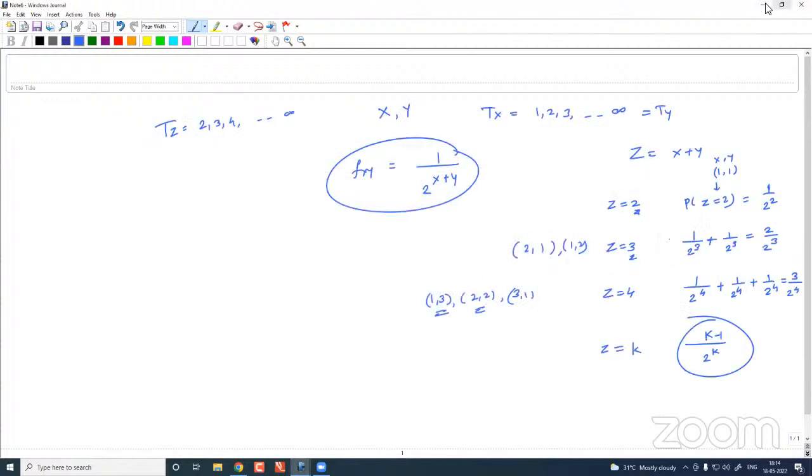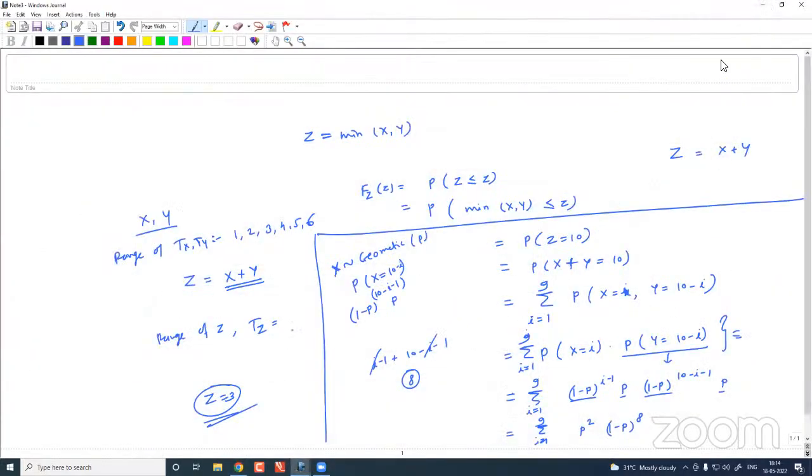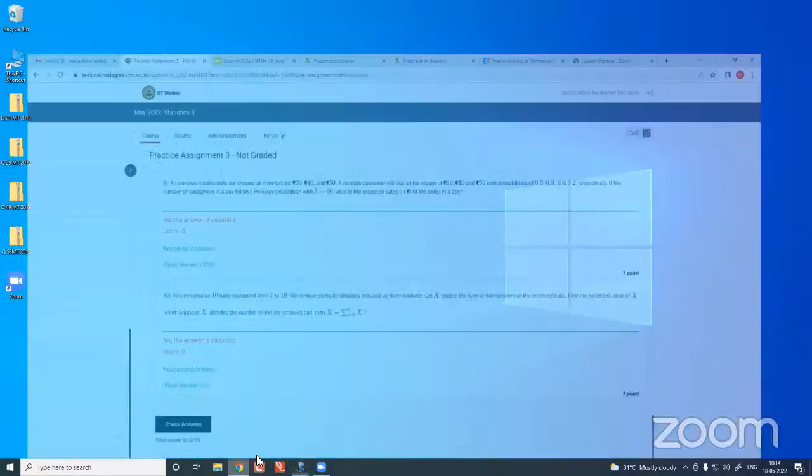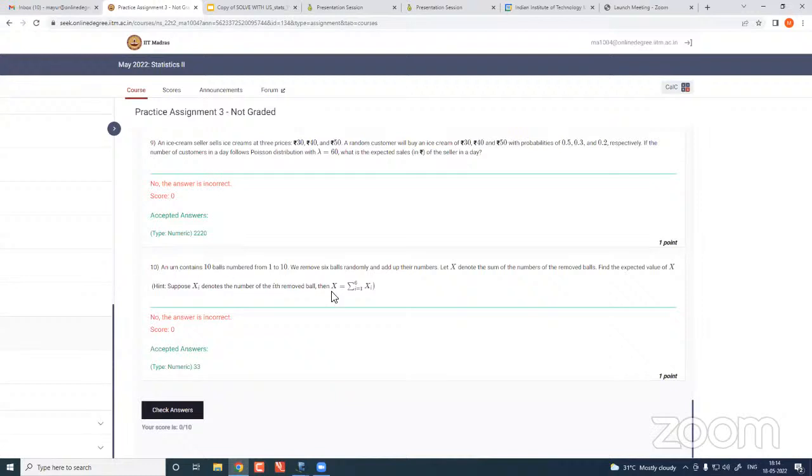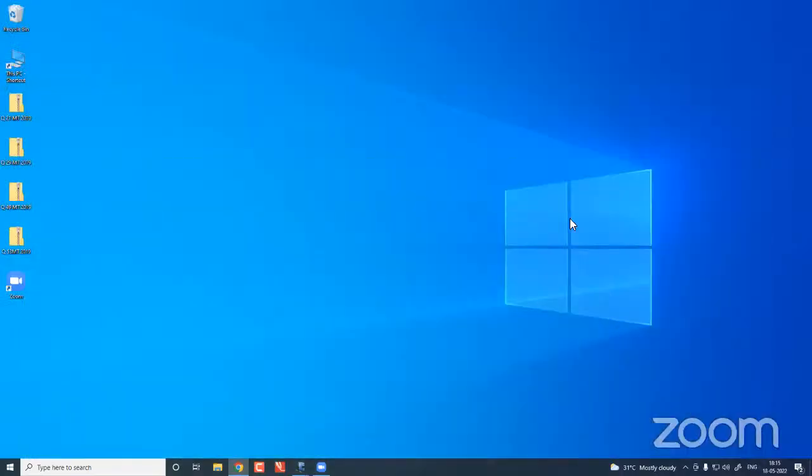So sum of xi is what? xi is the number of the ith ball removed. Then x will take the value of each of the balls removed, right?